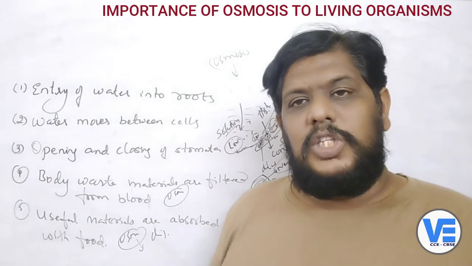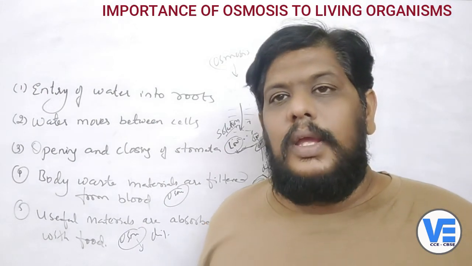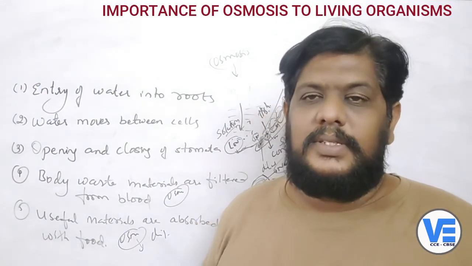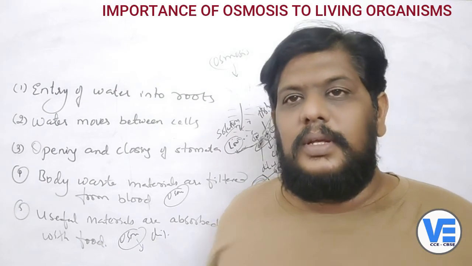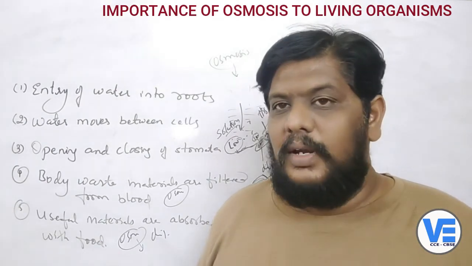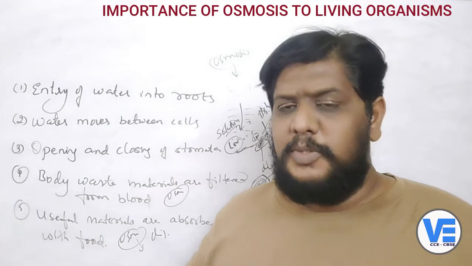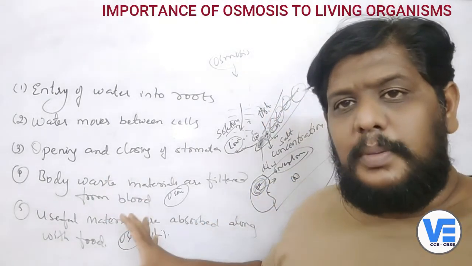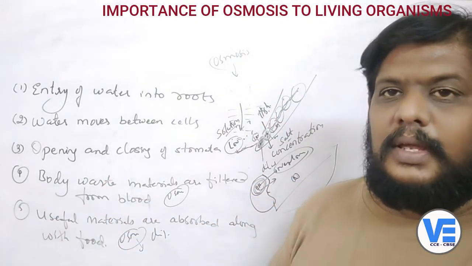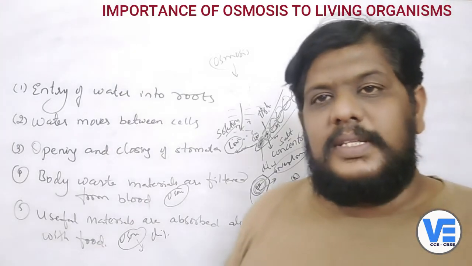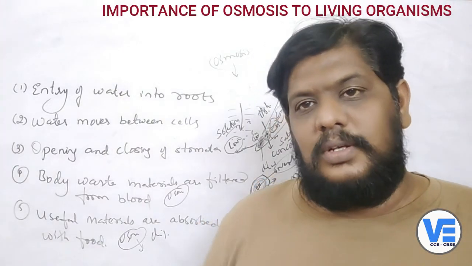That is how osmosis plays a major role in living organisms. So by this we come to the end of the topic called osmosis, and also all the experiments we have seen till now. And now we'll go to the next topic which is called diffusion.